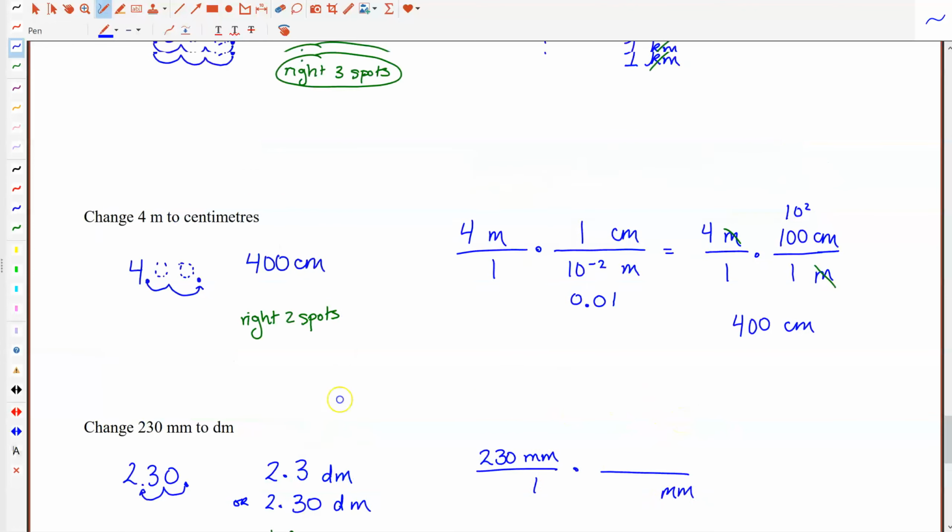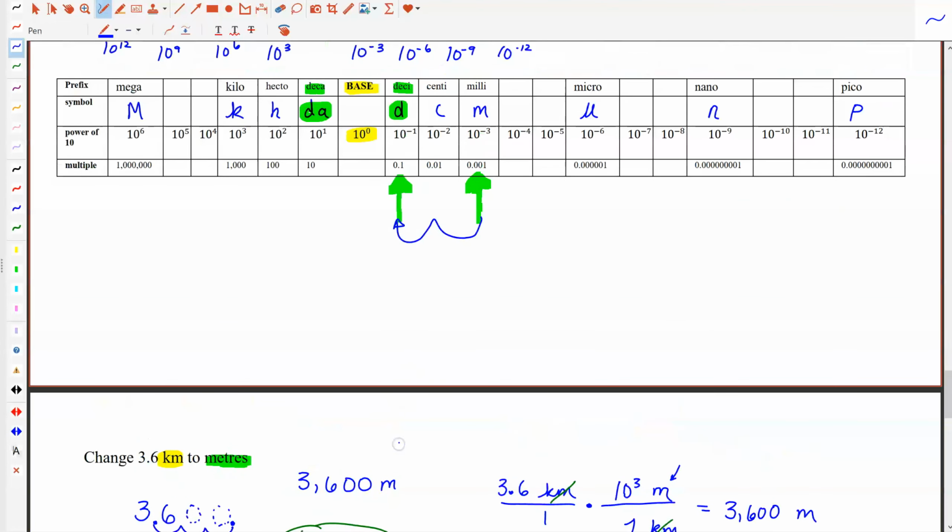And then how I can use this table is, again, keeping in mind these powers of 10, this row right here talks about how the prefixes relate to the base. Okay, but if I want to talk about how one prefix relates to another prefix, we can look at the adjustment in what happened with the exponents.